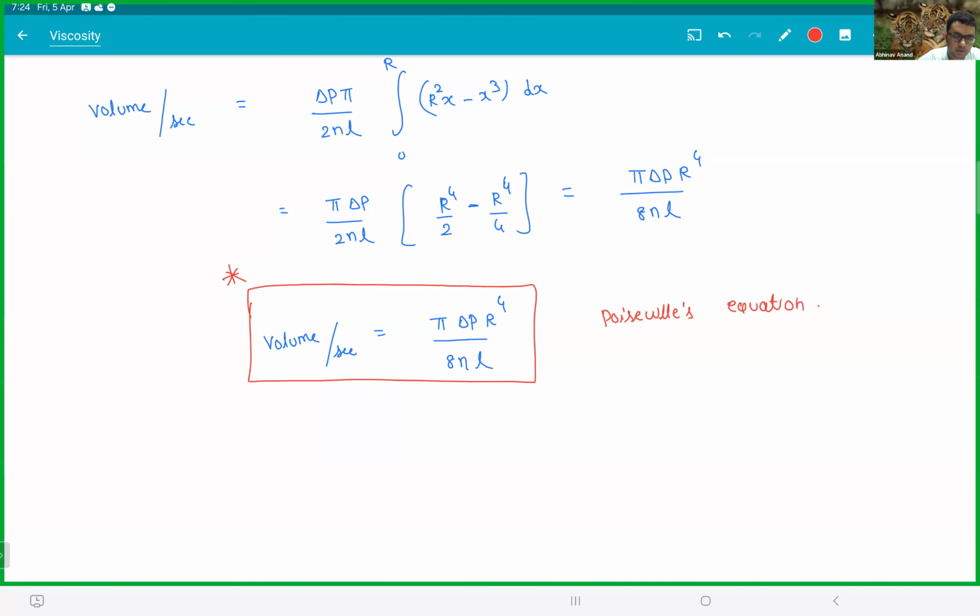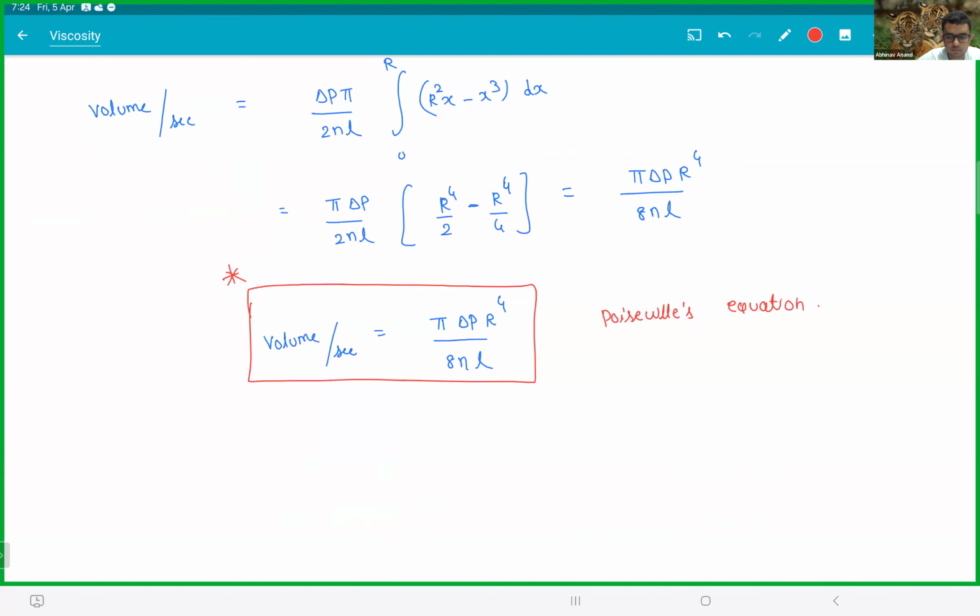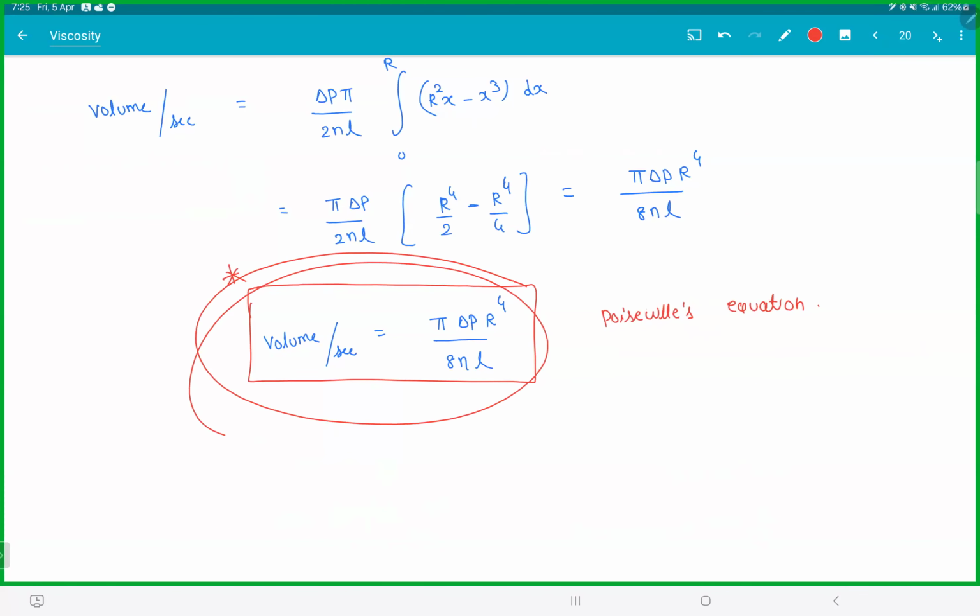So can you go to the previous page for a minute? Yes, sir. I'm sure you must have seen this equation somewhere. This is the derivation for that. Clear with this?